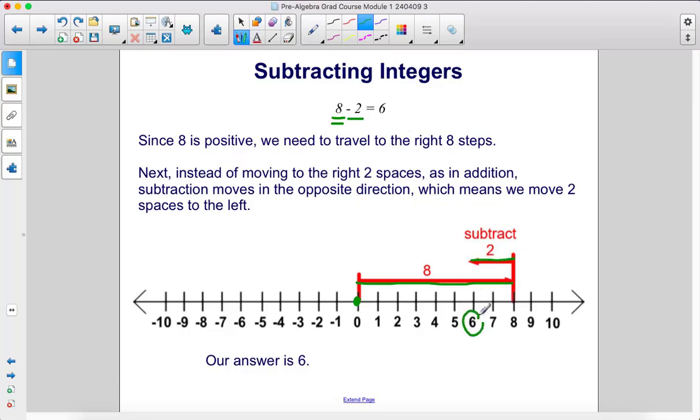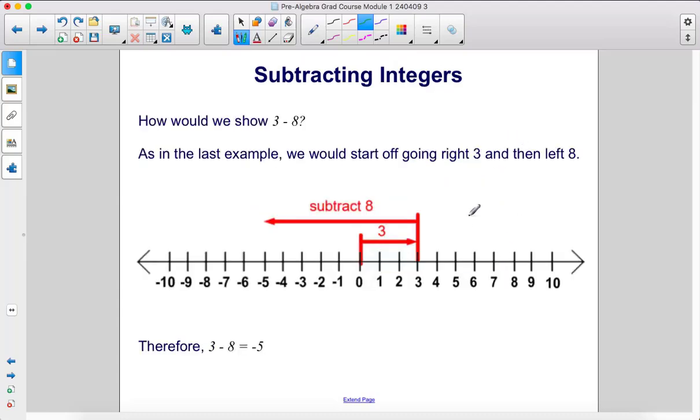Look down, we are at 6. How would we show 3 minus 8? All right, we start at 0. This is positive 3, so we move to the right 3 units. Then minus 8, we move to the left 8 units, and we end up at negative 5. Therefore, 3 minus 8 equals negative 5.